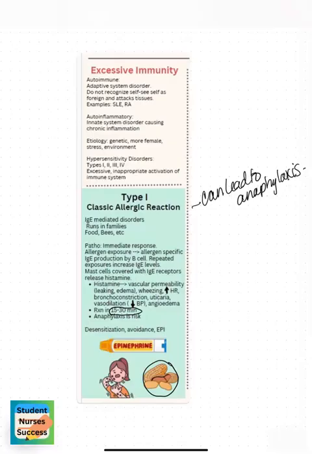And we know that repeated exposures to these allergens or antigens increase IgE levels. So what that means is that each time you are exposed, you run the risk of a more serious reaction.